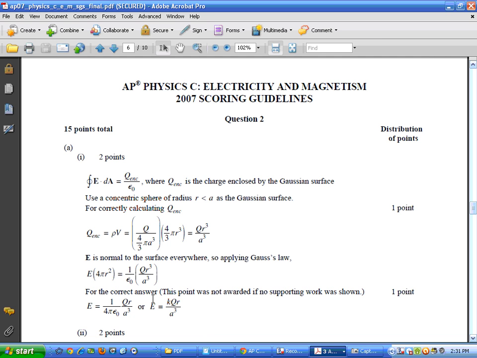But because it said derive, if you just wrote down the answer, you didn't get any credit. You needed to show this step right here, that E times 4 pi r squared equals the enclosed charge over epsilon 0. Again, you never know exactly how they're going to break down the points. So something showing that you're using Gauss's law was what you needed. But just writing down the answer would not have gotten you that point.